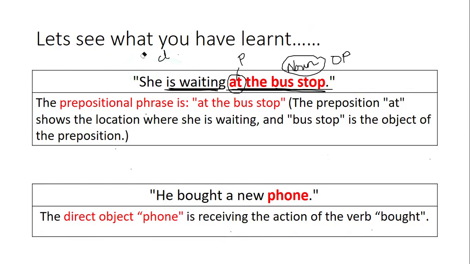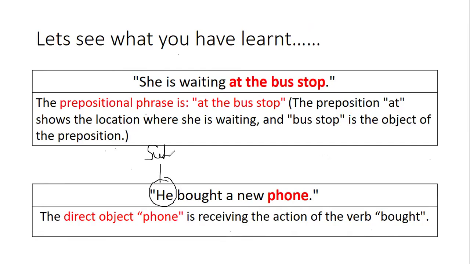Hopefully, you've got this. It's that easy to find out all three objects. Let's go to another statement. He bought a new phone. The whole sentence is based on a person, the main character, main noun, he. What action is he performing? He's buying something. Bought is the past tense of buy.